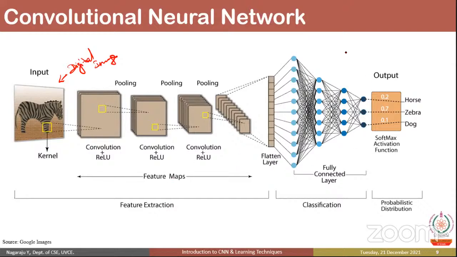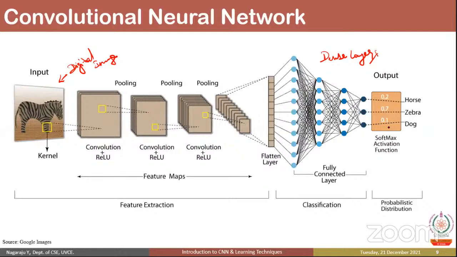Then whatever we are seeing here, the fully connected layers or dense layers, this phase is actually called classification. From these layers we are going to get some probabilities, and the nodes here are going to give probabilities for each and every label.